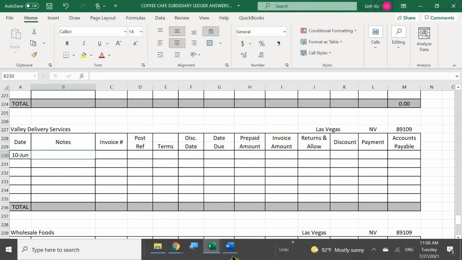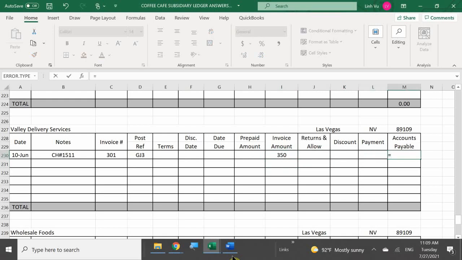So I need to make my reference point here. Check number 1511, invoice number 301, post reference general journal number 3. No terms because it's a delivery service. The invoice amount was $350, which we paid using a check.